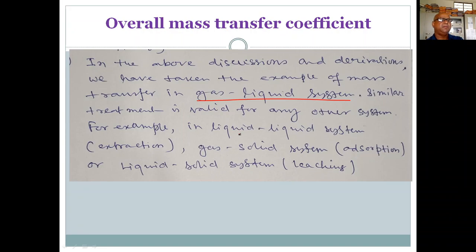A similar treatment is valid for any other system, for example a liquid-liquid system, a gas-solid system, or a liquid-solid system. We took the gas and liquid example to understand the concept better, but the G phase and L phase can be any two phases, either liquid or gas, solid or liquid, and it will be accurate.